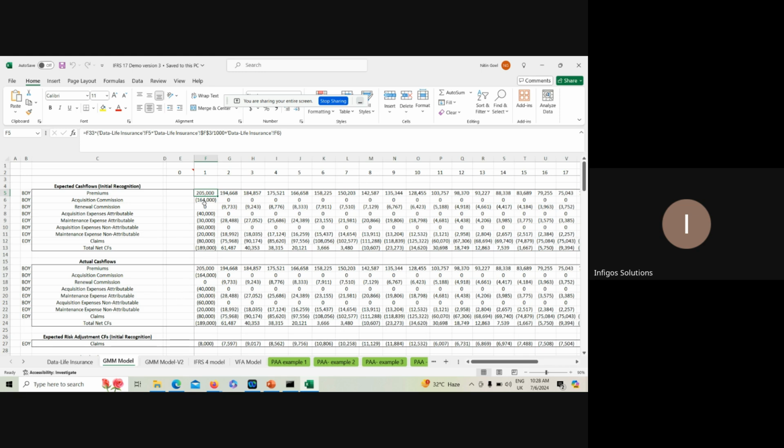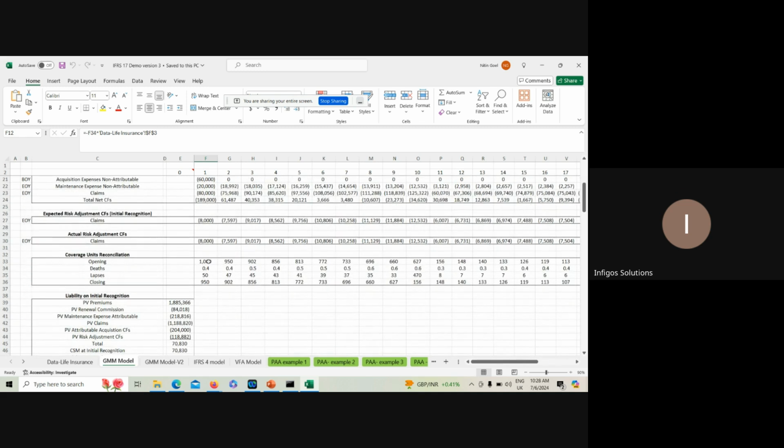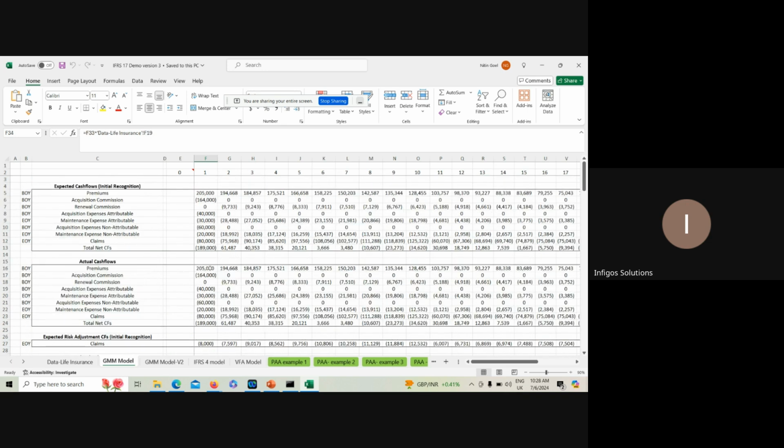So this is my acquisition commission. This is my acquisition attributable expense, the maintenance expense, and then this is non-attributable expense. This is a non-attributable expense. This is my value of claim. This value of claims comes from this amount multiplied by sum assured.